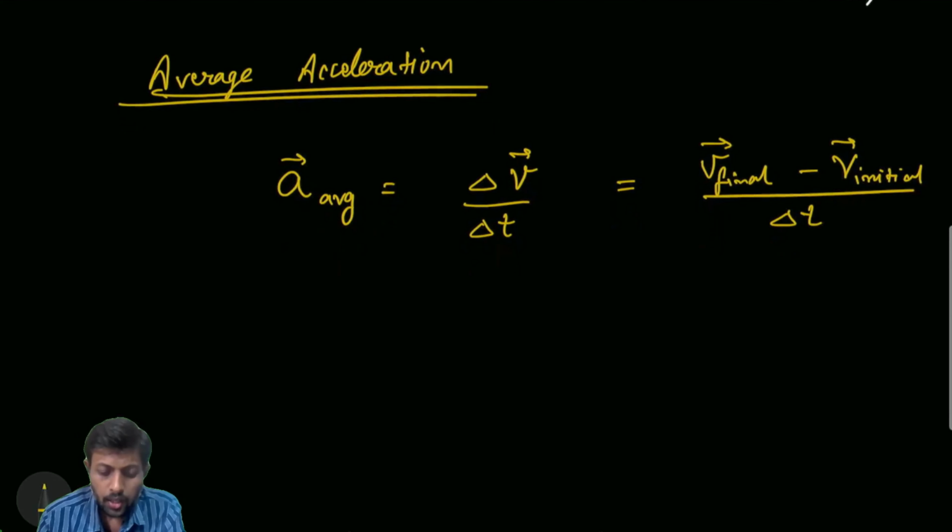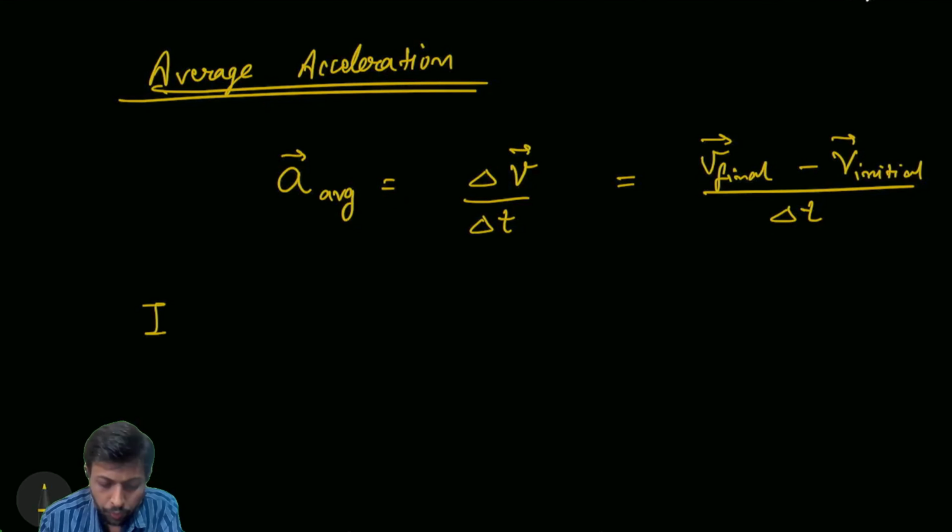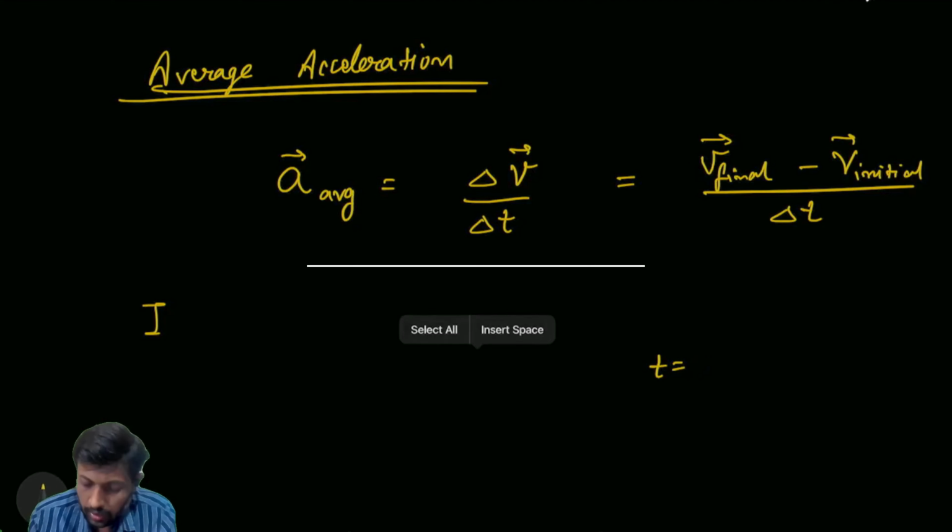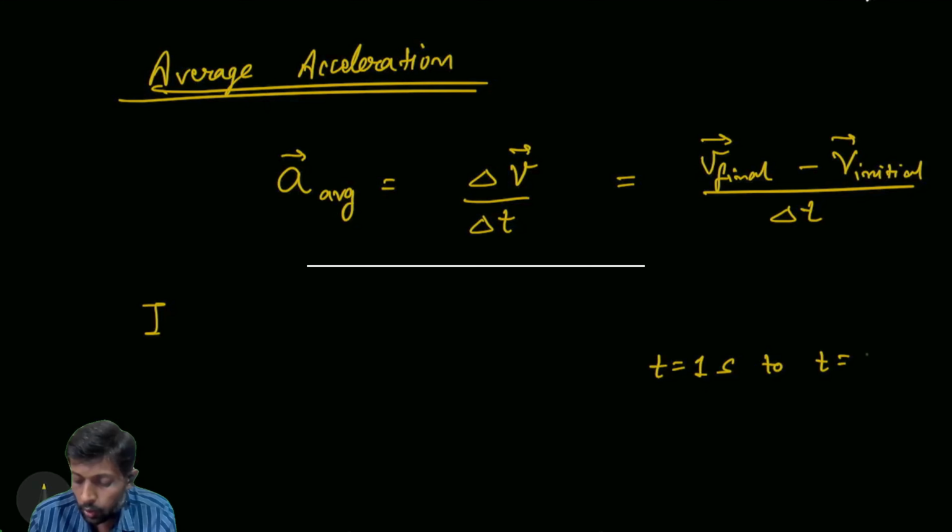Right. So what if I have to find out acceleration at a given instant or for a very, very small time interval? Let's say from t equal to 1 second to t equal to 1.0001 seconds.